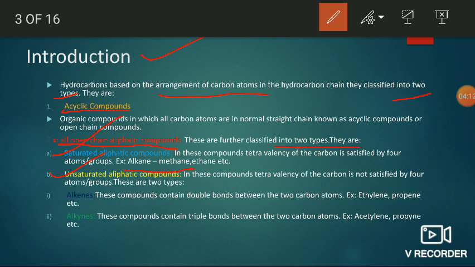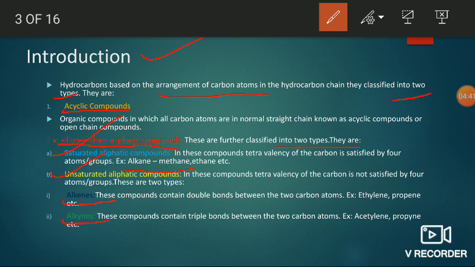That is, the carbon atoms may contain multiple bonds instead of a single bond. Multiple bonds means a sigma bond along with pi bonds. It may be one pi bond or two pi bonds. The best examples for unsaturated aliphatic compounds are alkenes and alkynes.